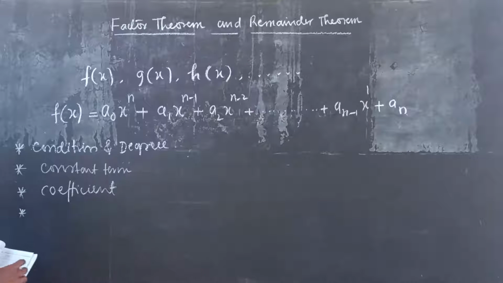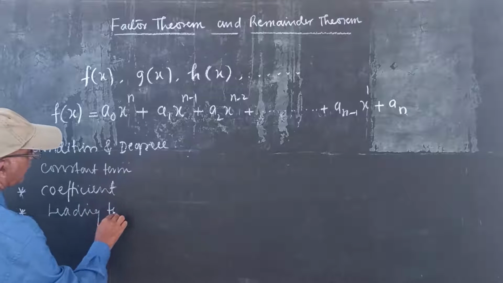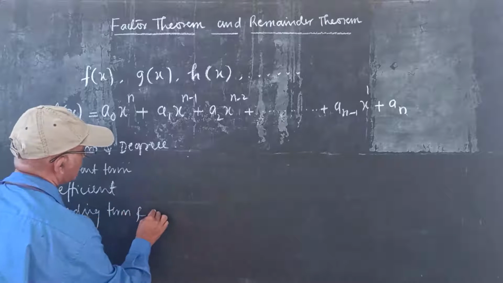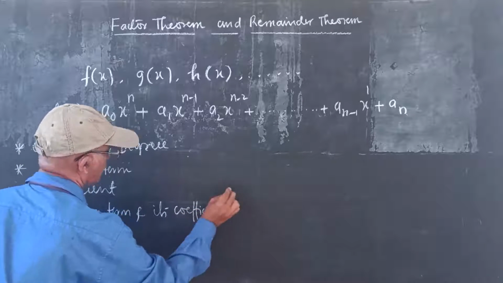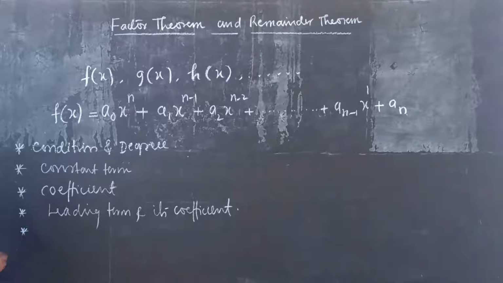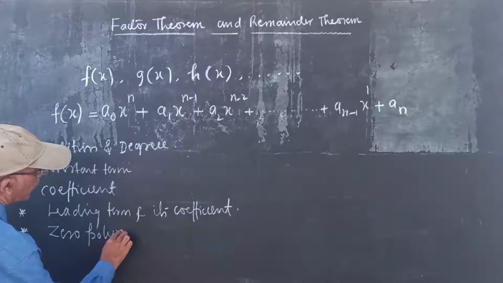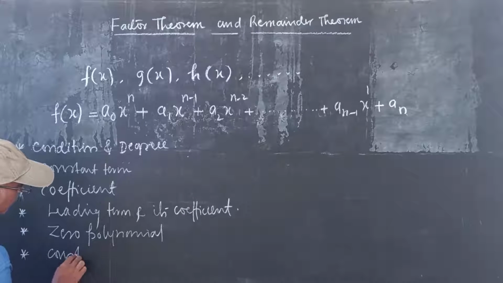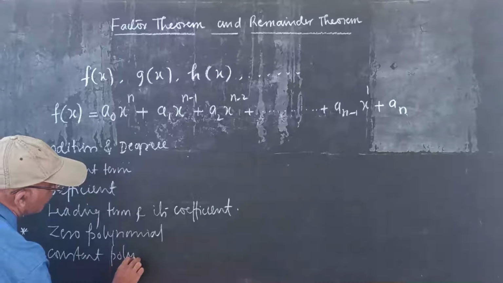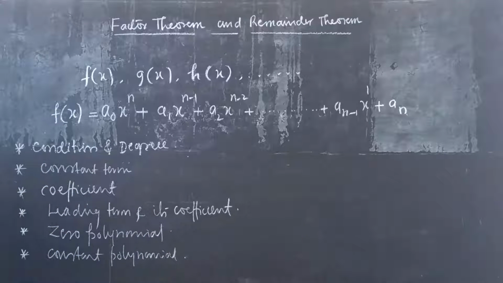And the next point is leading term and its coefficient. Then zero polynomial. Last one is constant polynomial. Now we shall study one by one.